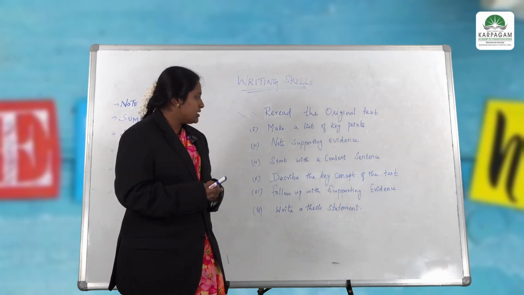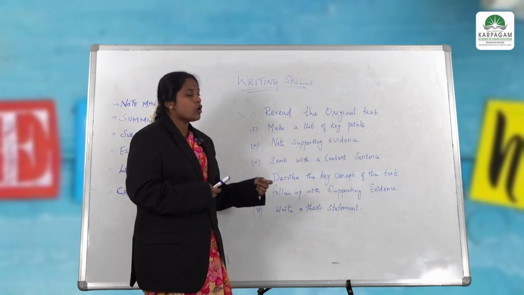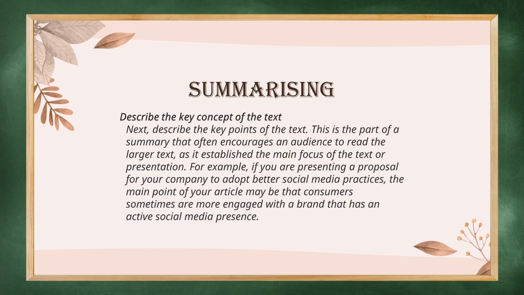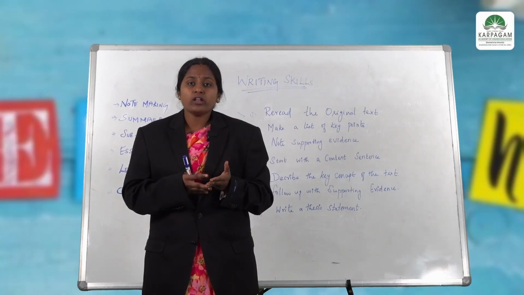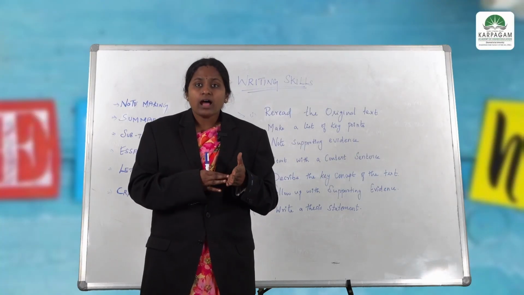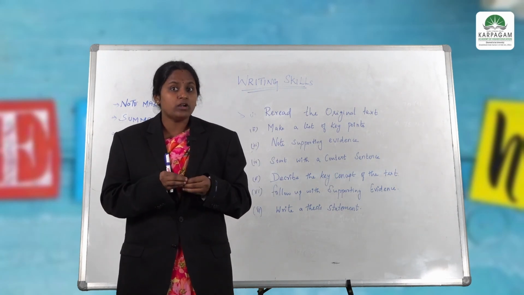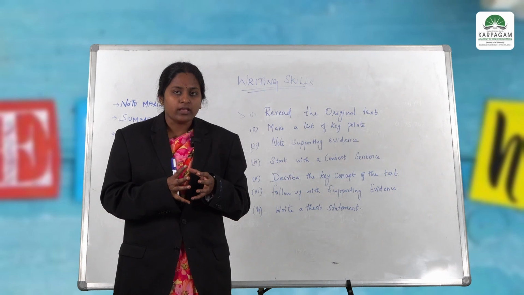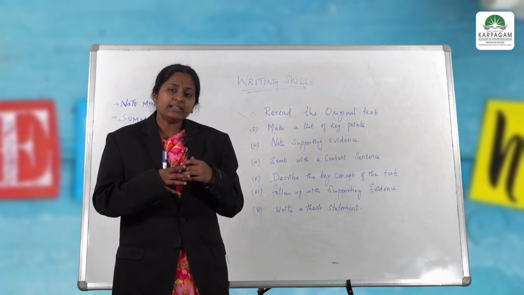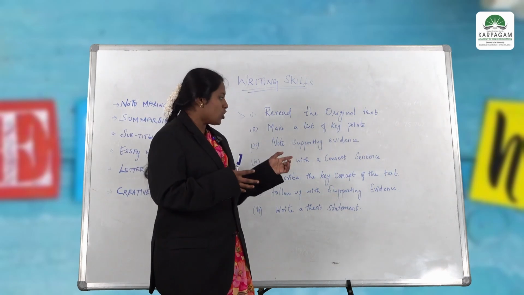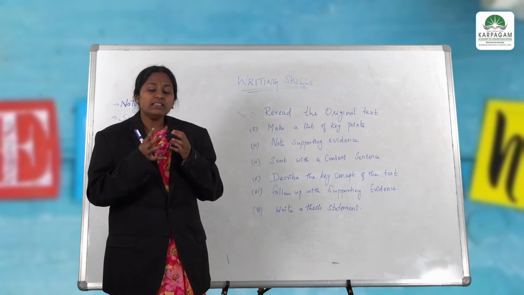And the next one is to describe the key concept of the text. Key concept of the text means, as I said about Shakespeare's Macbeth, that it is a betrayal, or a war, or a supernatural element involved in that particular story. If that is a story, you can take any of the elements as the key concept of the text and summarize with that key concept.